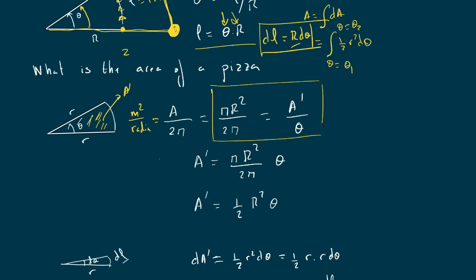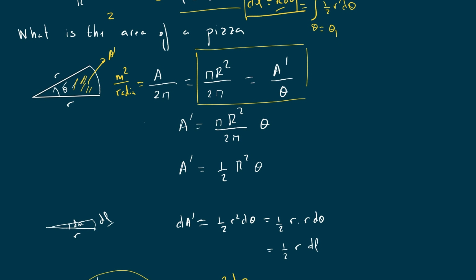Okay, so as a result, what we have found is that the area of this small pizza is 1/2 r squared d theta. The small area, dA prime, will be 1/2 r squared times the small angle d theta.